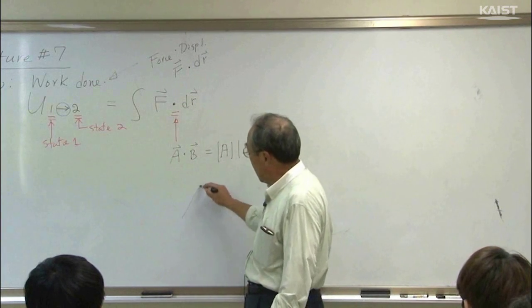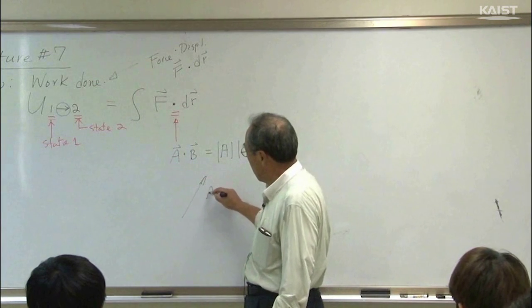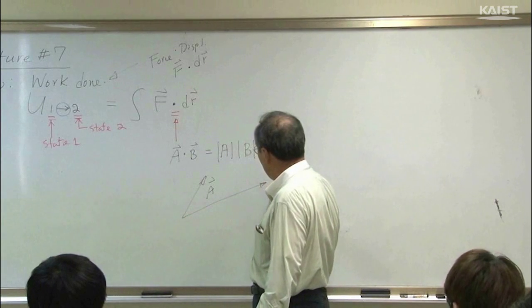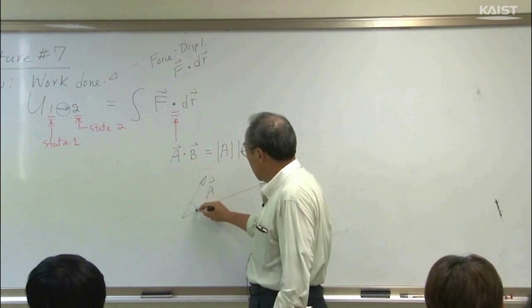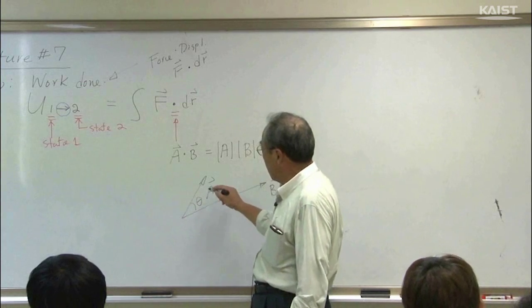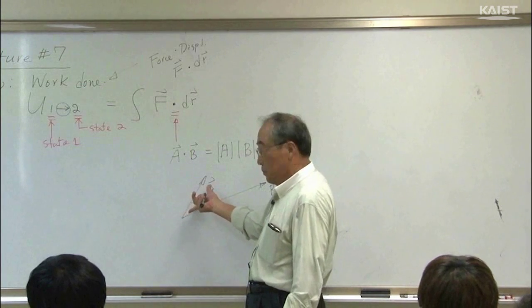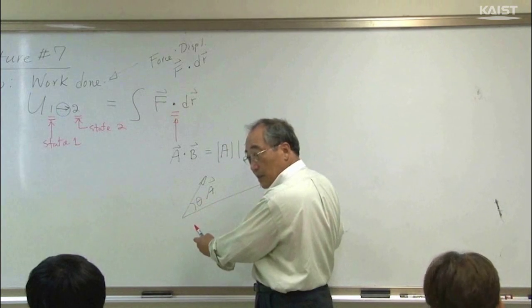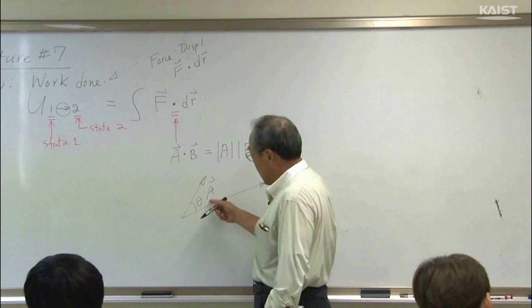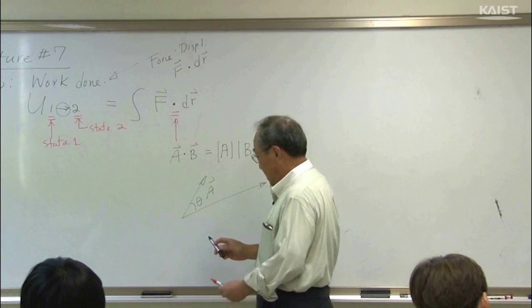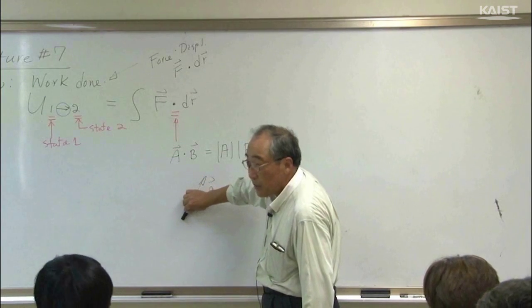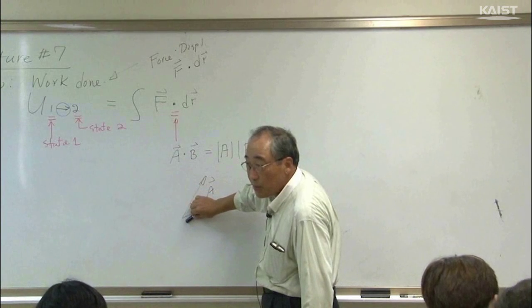So suppose I have an A vector, and suppose I have a B vector over here. This is theta, and the magnitude of the A vector is simply this, and the magnitude of the B vector is simply this. A cosine theta is nothing but I am projecting this vector onto this vector.